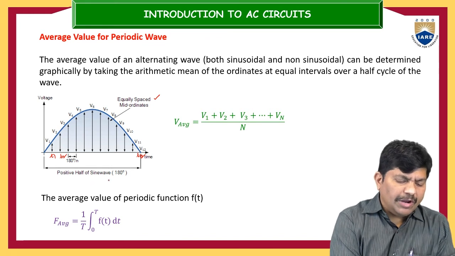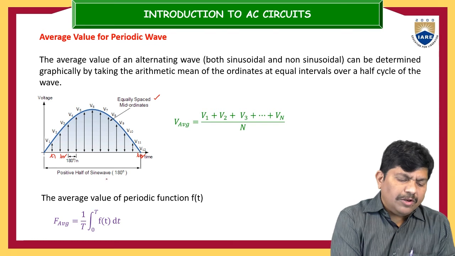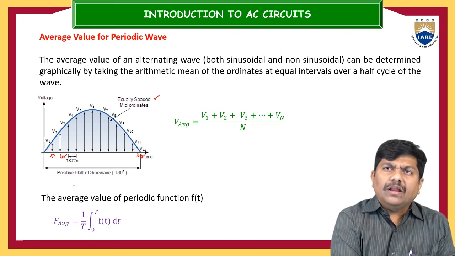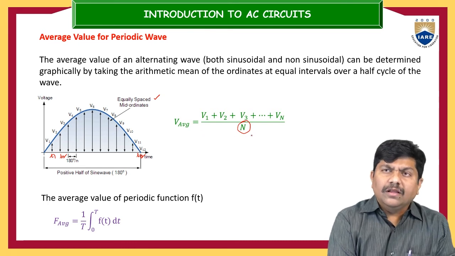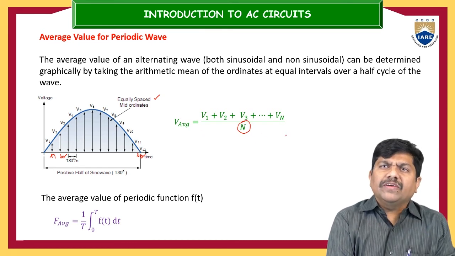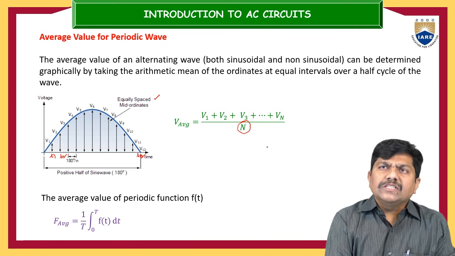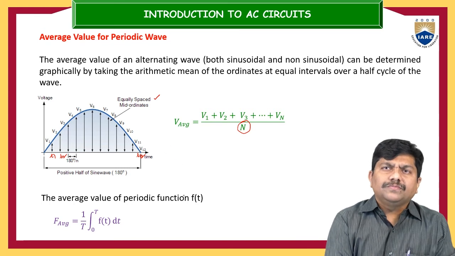For our understanding we have taken the positive half of the sine wave, so for the average value you take only one half cycle. The sum of instantaneous values divided by the number of divisions gives directly the average of the periodic waveform.